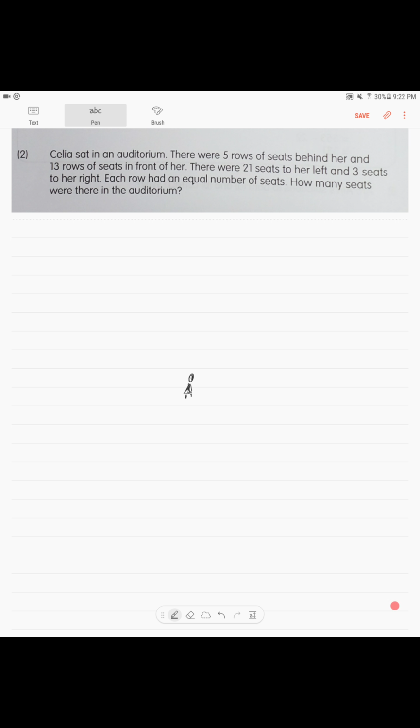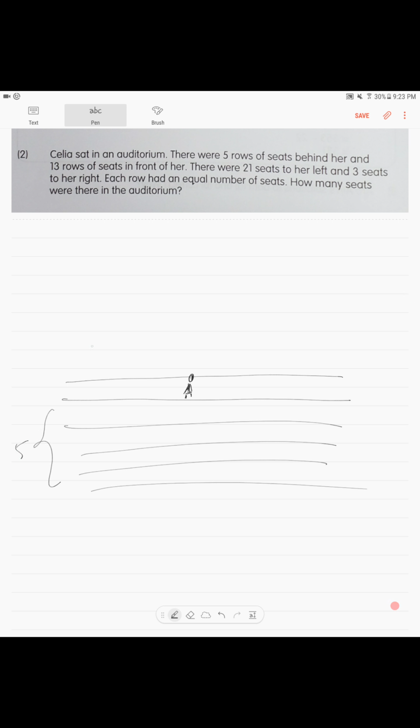What is going on? There were 5 rows of seats behind her. So she was in the row, and there were how many? I'm not going to draw all of them, but you need to understand that here there were 5.